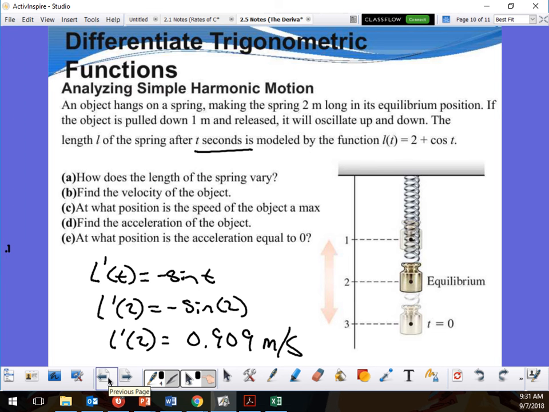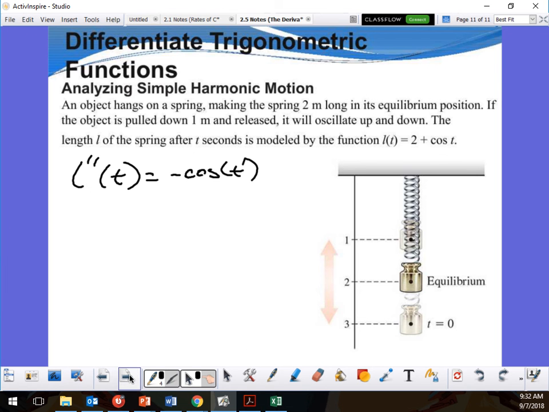And at what position is the velocity equal to 0? Oh, I was saying velocity again, wasn't I? The acceleration of the object, and when is the acceleration equal to 0? So let's take a look for this one right here. Where is this going to be equal to 0?